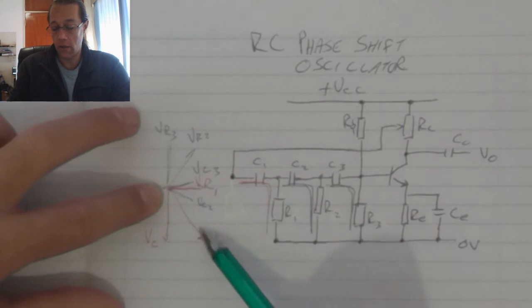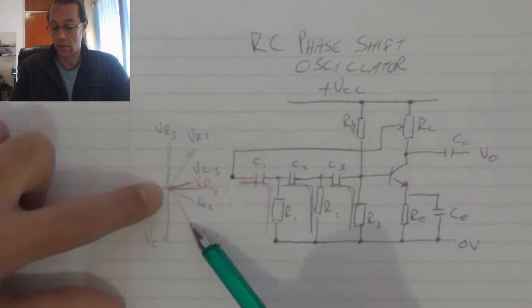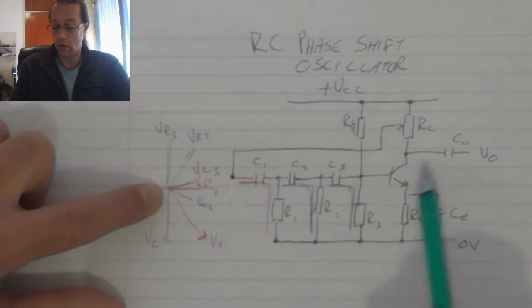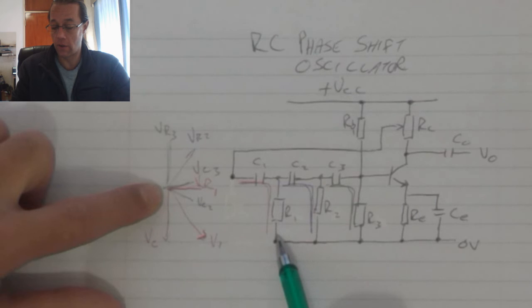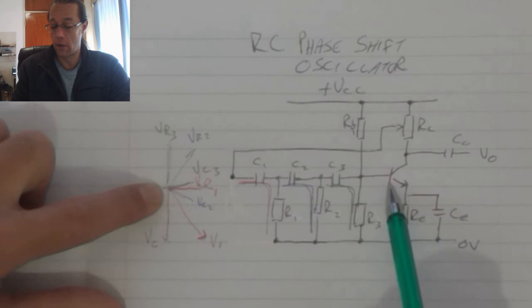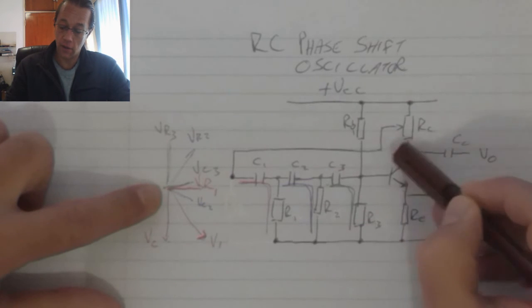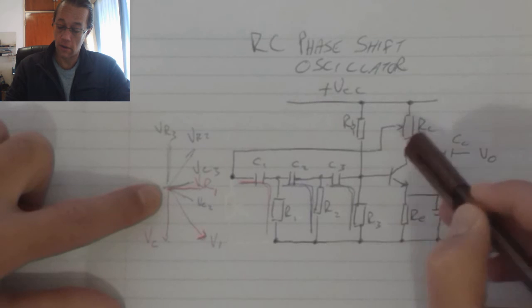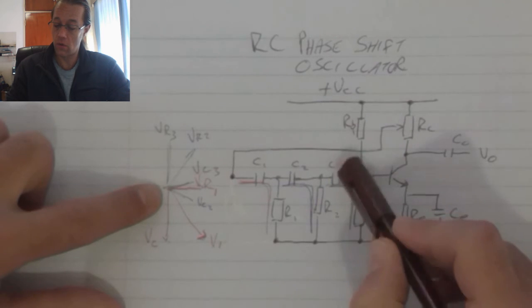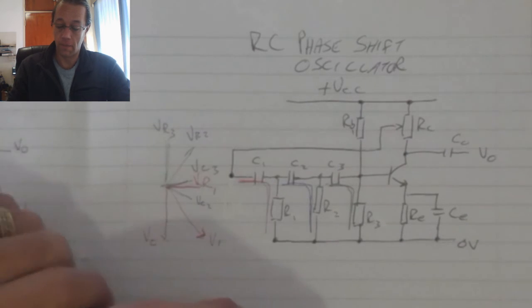So we can see that we get a near 180 degree phase shift between the voltage I'm supplying to the circuit and the voltage that was eventually received by the transistor. The result is that as this voltage increases, it is going to cause a decreasing voltage on the output.